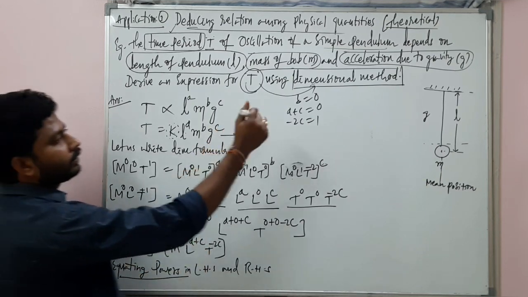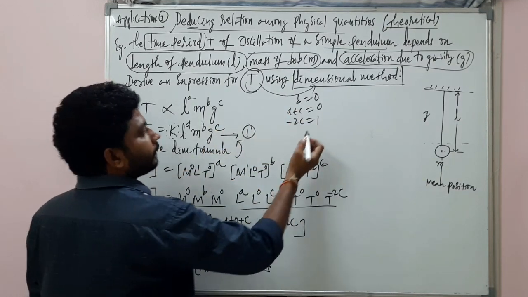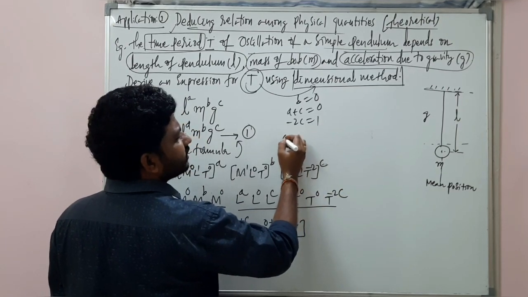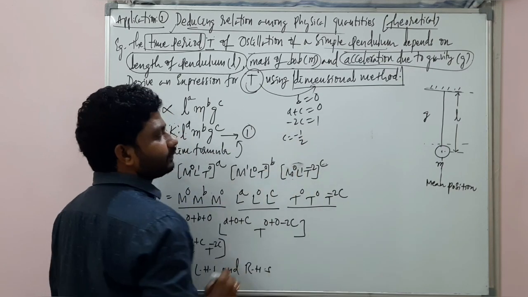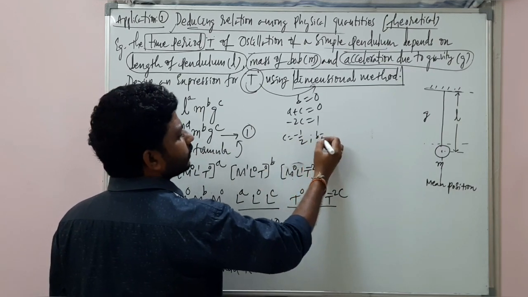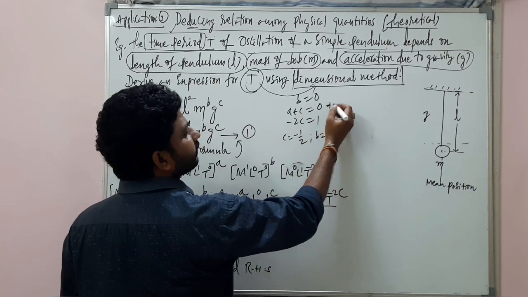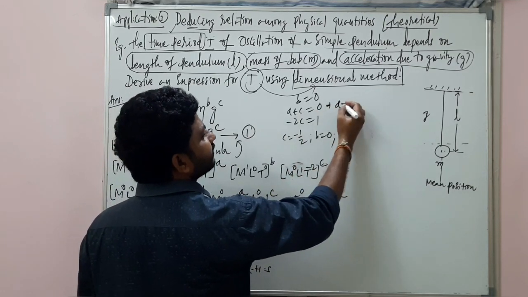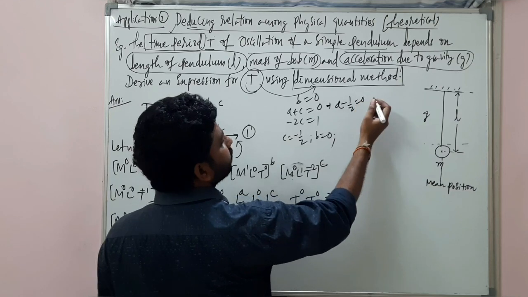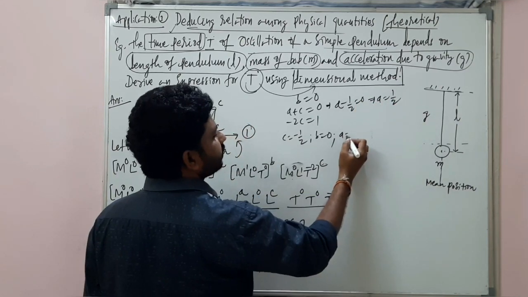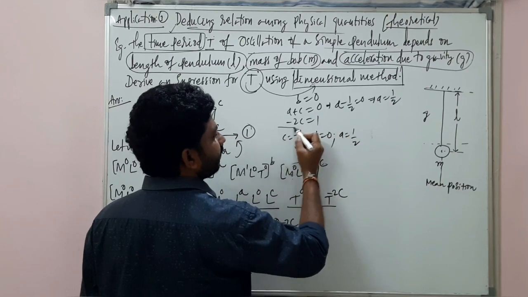Now look here. From this, C is equal to minus half, and B is equal to 0. And A how much? From here, C is minus half, so A minus half is equal to 0, and A is equal to plus half. So A is equal to plus half. Look at here.